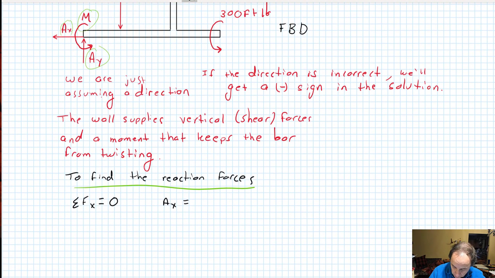So that has to equal 100 cosine 30, because there's no other x force. So I'm doing left forces equal right forces. This immediately gives us AX equals 86.6 pounds.